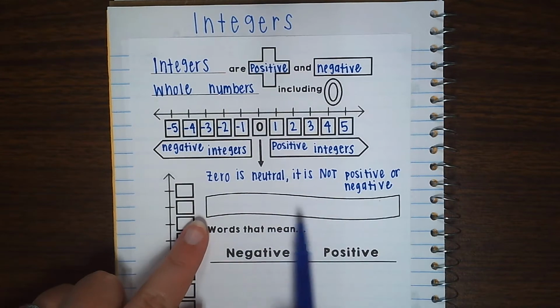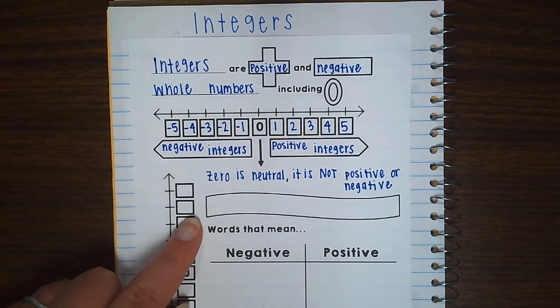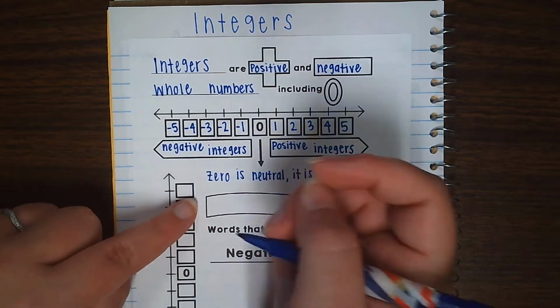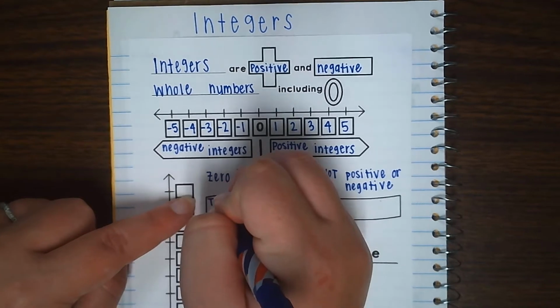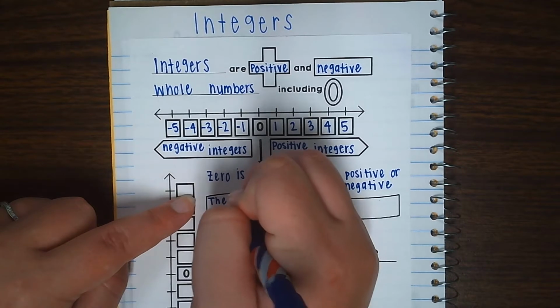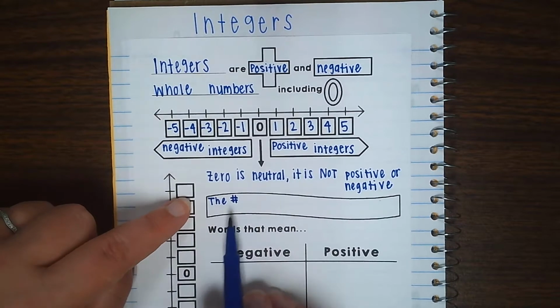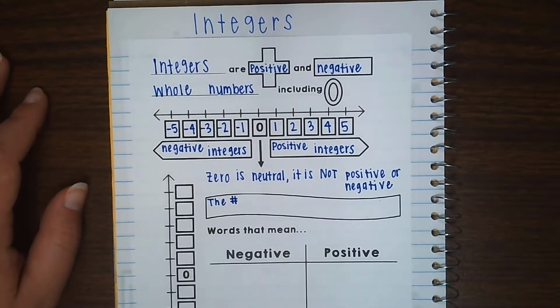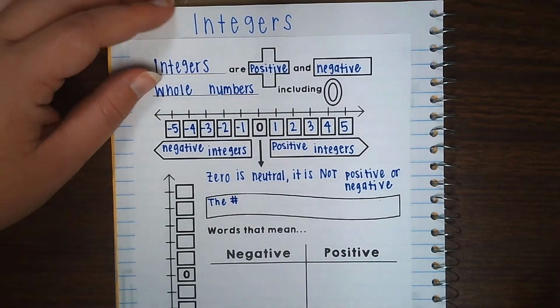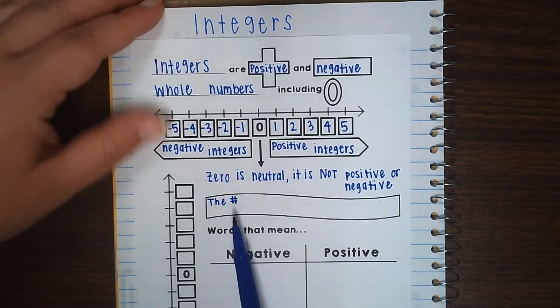Okay, so we've got this ribbon right here, and on this ribbon I want you to write the numbers, and I'm going to use what you guys call a hashtag. Whenever I was in school, that meant numbers, so we're going to go old school. That means numbers.